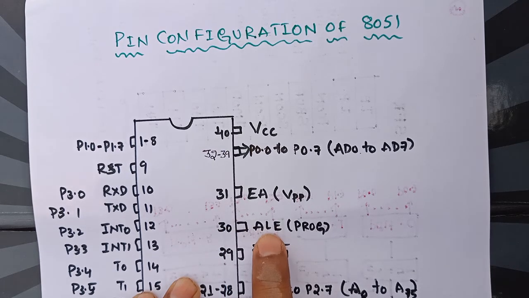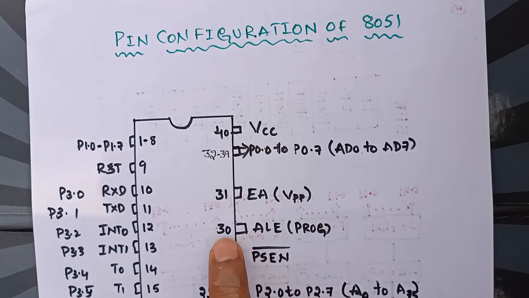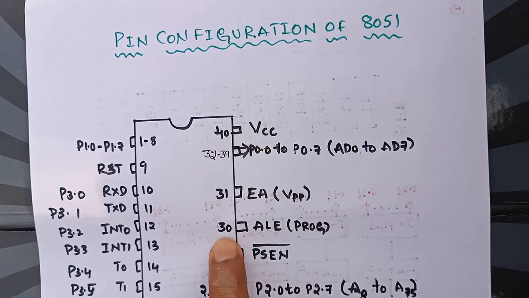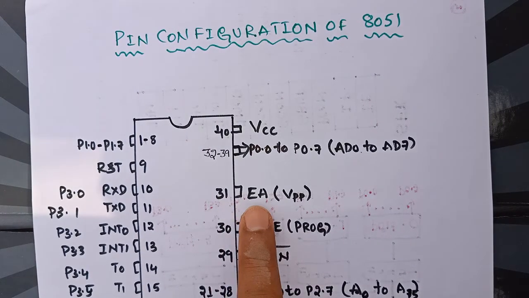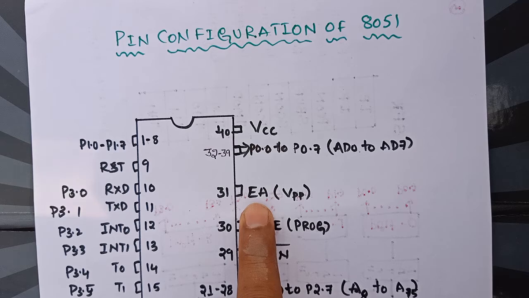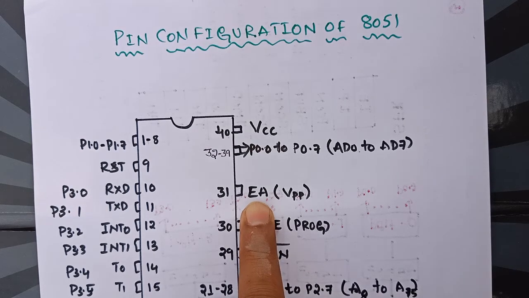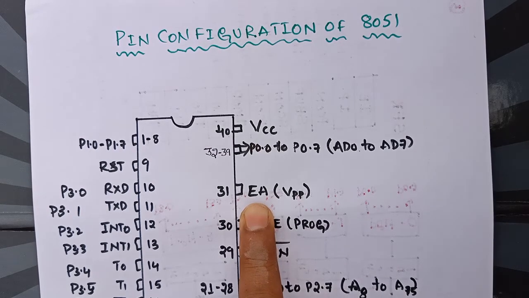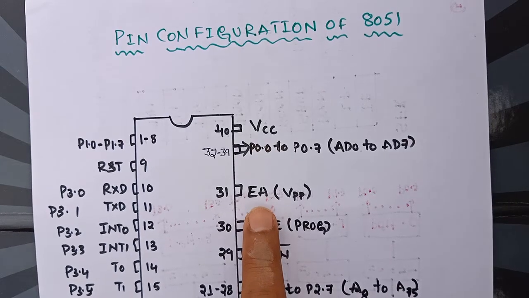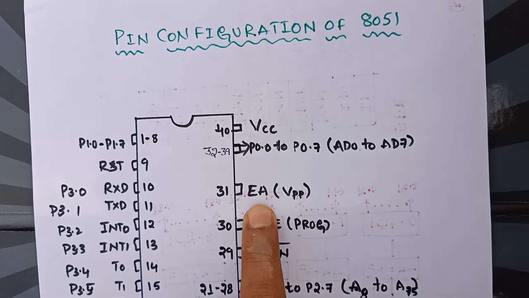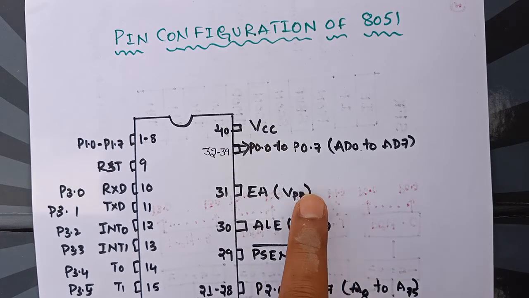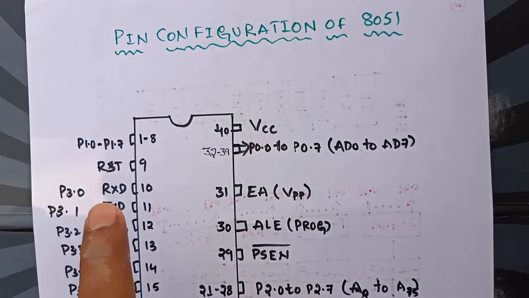During multiplexing we need to latch some address lines, which can be performed using pin number 30, address latch enable. And pin 31, the EA or external access pin, is used during interfacing of the microcontroller with external memory. It will be connected either to ground or to plus VCC in order to fetch the external memory to the microcontroller.